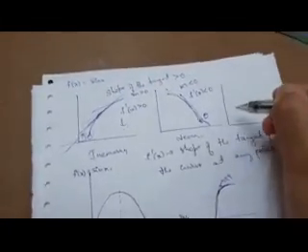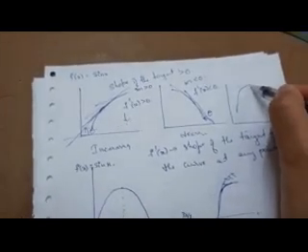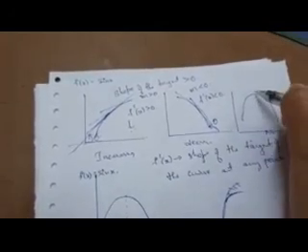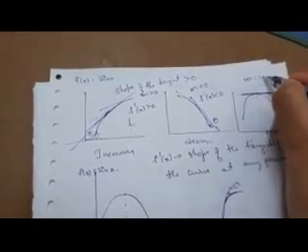Similarly, in our sine function, the curve was like this. At x equal to pi by 2, if I draw the tangent at that point, we get a line which is parallel to the x-axis. So when the tangent is parallel to the x-axis, the slope is equal to 0.